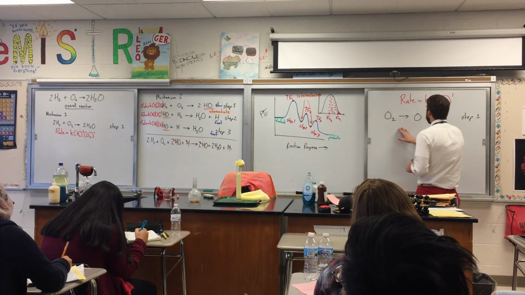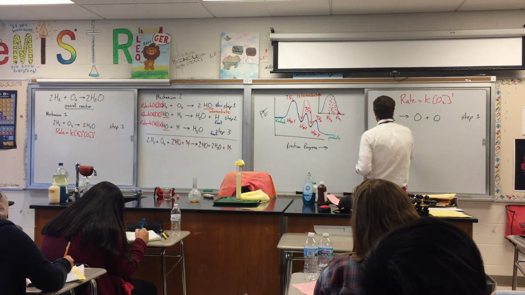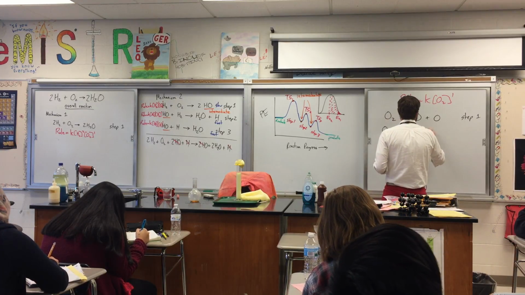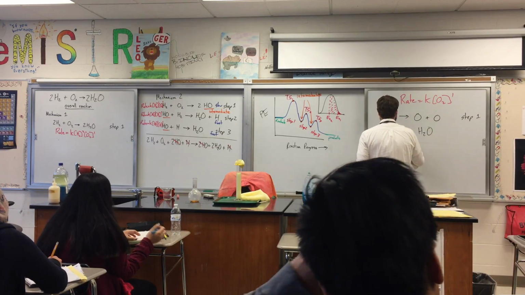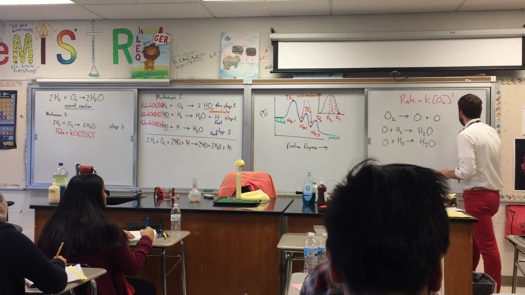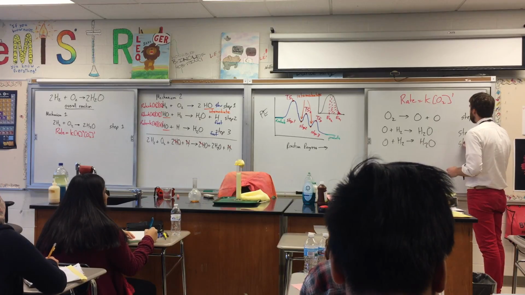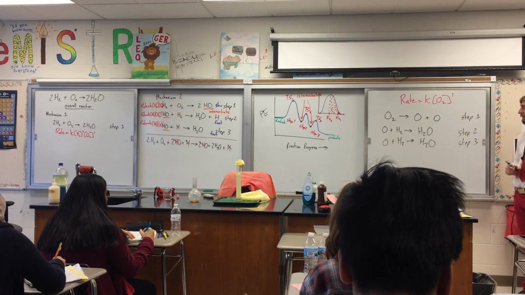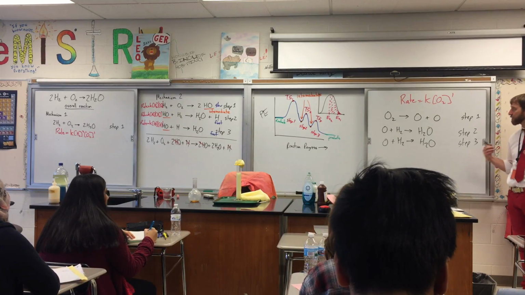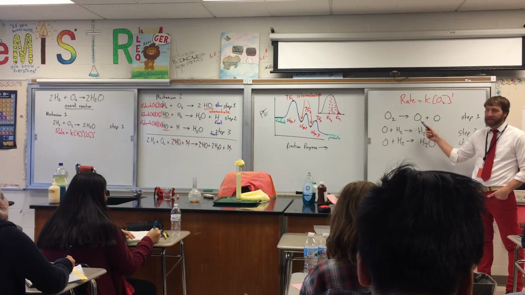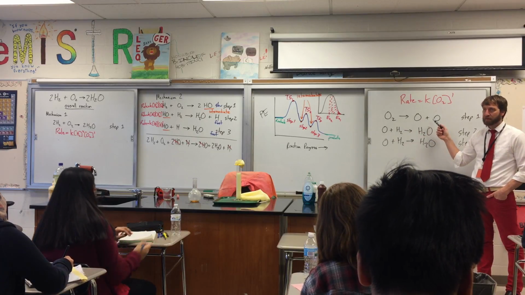Okay? But so it's possible that this is the first step, then maybe the O combines with an H2 and forms H2O, then the other O combines with the other H2 and forms the other H2O. So maybe this is the actual mechanism. And I think it makes sense for a bunch of reasons that O2 just splitting apart is probably going to be the slow step.